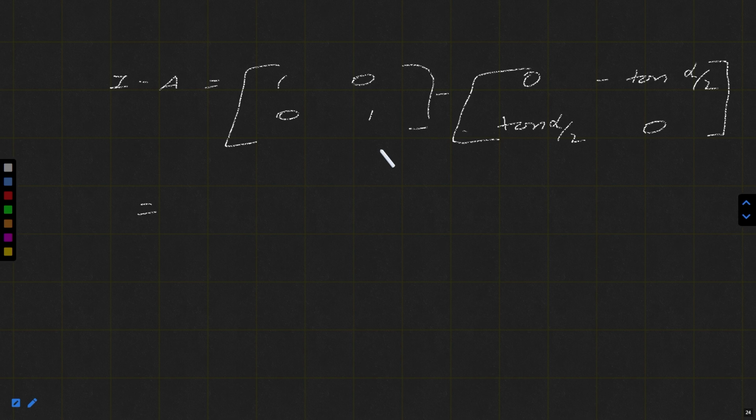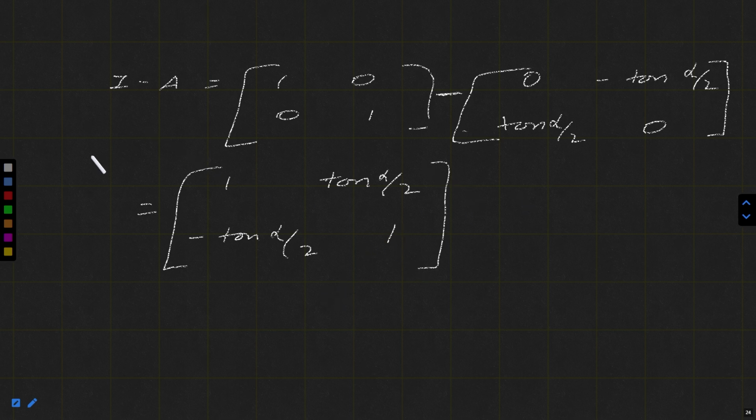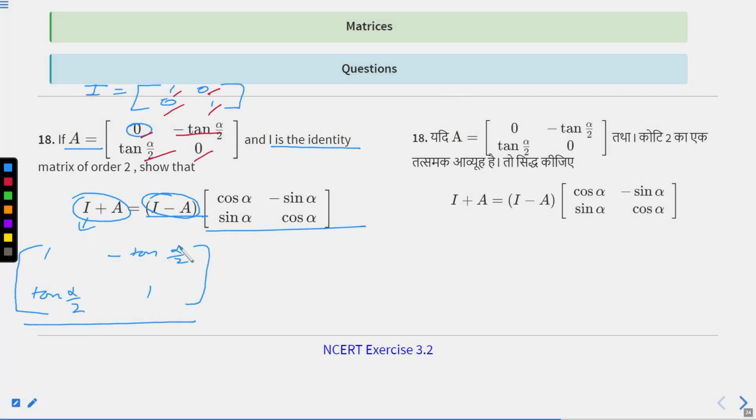Now do the respective operation. What will you get? The I minus A will be equal to this thing. Clear?